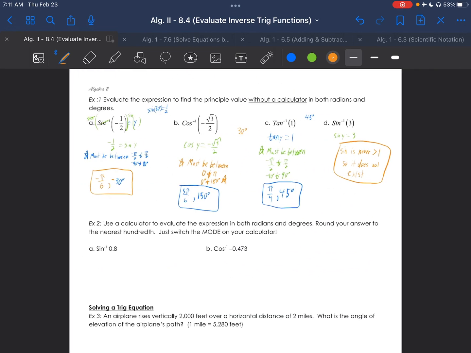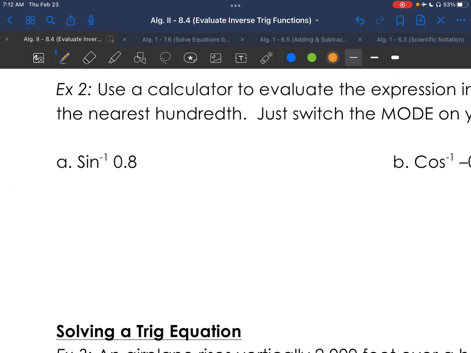All right. On example 2, use a calculator to evaluate the expression in both radians and degrees, rounding your answer to the nearest hundredth, and just switch the mode on your calculator between the two problems. On these, you're not given one or the other. We're going to find it in both. So we're supposed to find, hey, if the sine of some angle gave us 0.8, what angle was it?